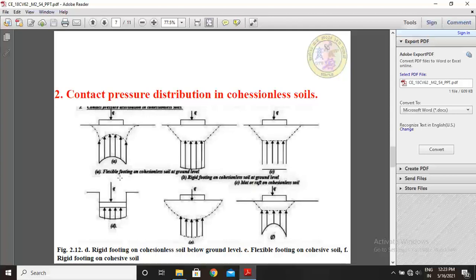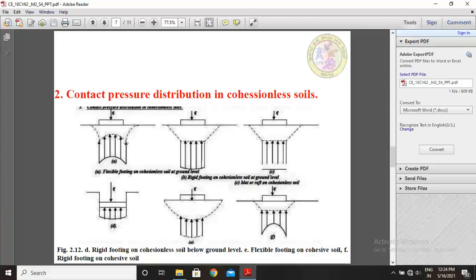This figure shows the qualitative contact pressure distribution under flexible and rigid footings resting on sandy soils and subjected to a uniformly distributed load Q. In this case, the edges of flexible footings undergo larger settlements; the edges of the footing settle more than the center.